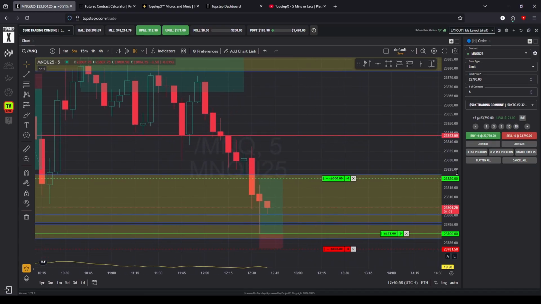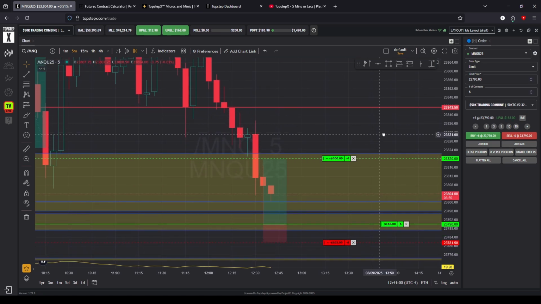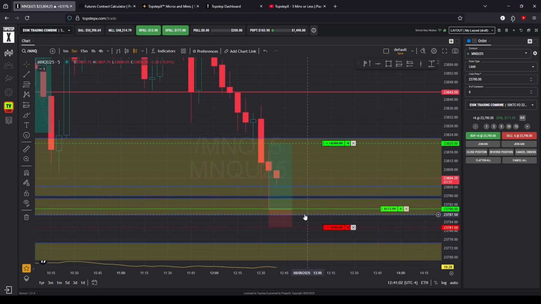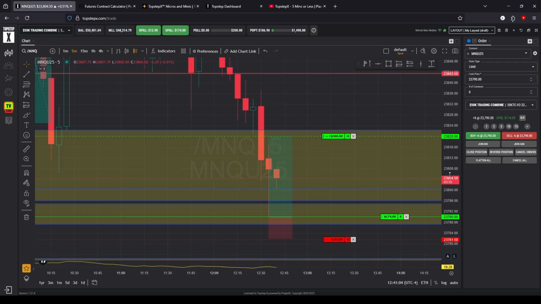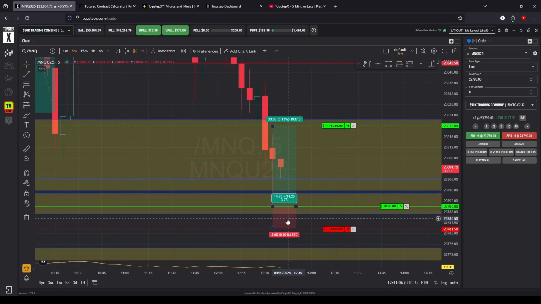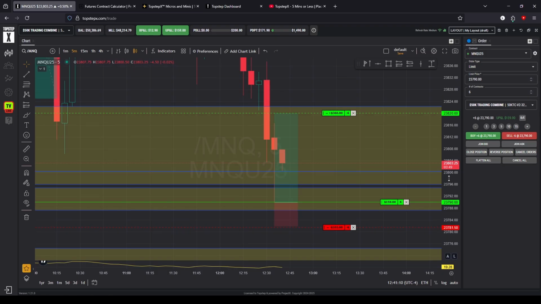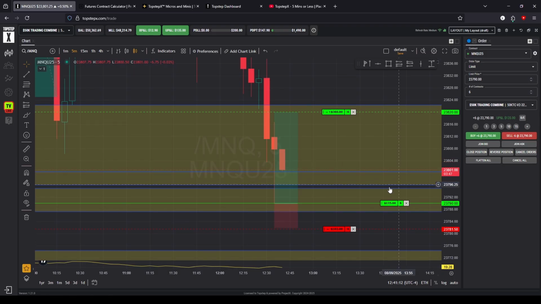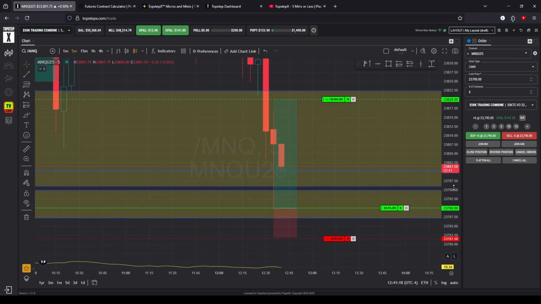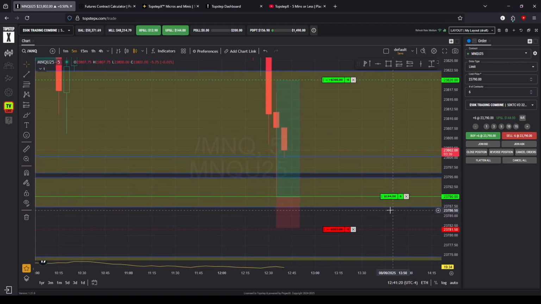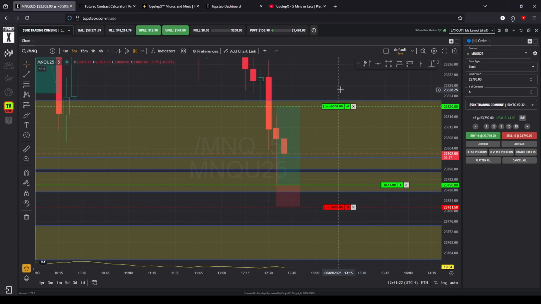But let's see where this goes. So it's gonna go down more. If it breaks through here and gets to the middle here, I will probably close out on the trade. It's 100, damn it. Alright, let's see how this goes.